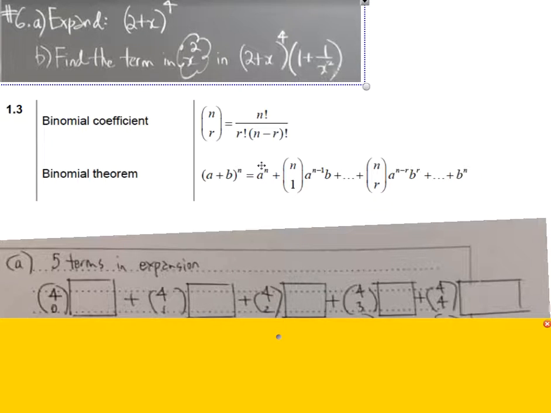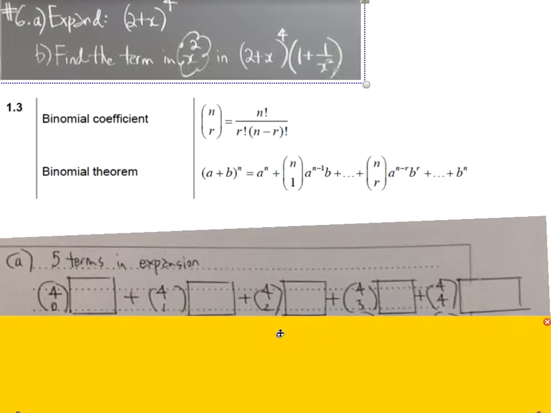So understood in here is 4C0, and then 4C1, 4C2, 4C3, etc., until you're matching up 4C4. The reason why I'm saying 4C4, etc., is because in our graphing calculator, that's the terminology that's used. It's nCr. Although this is paper 1, it's still worth noting for subsequent questions that may appear in paper 2.